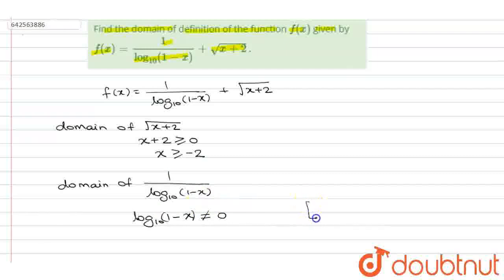So by using the conversion formula, that if log is written like this, then we can convert the log function to an exponential function as x can be written as a to the power y. Using this, we can write that 1 minus x should not be equal to 10 to the power 0.